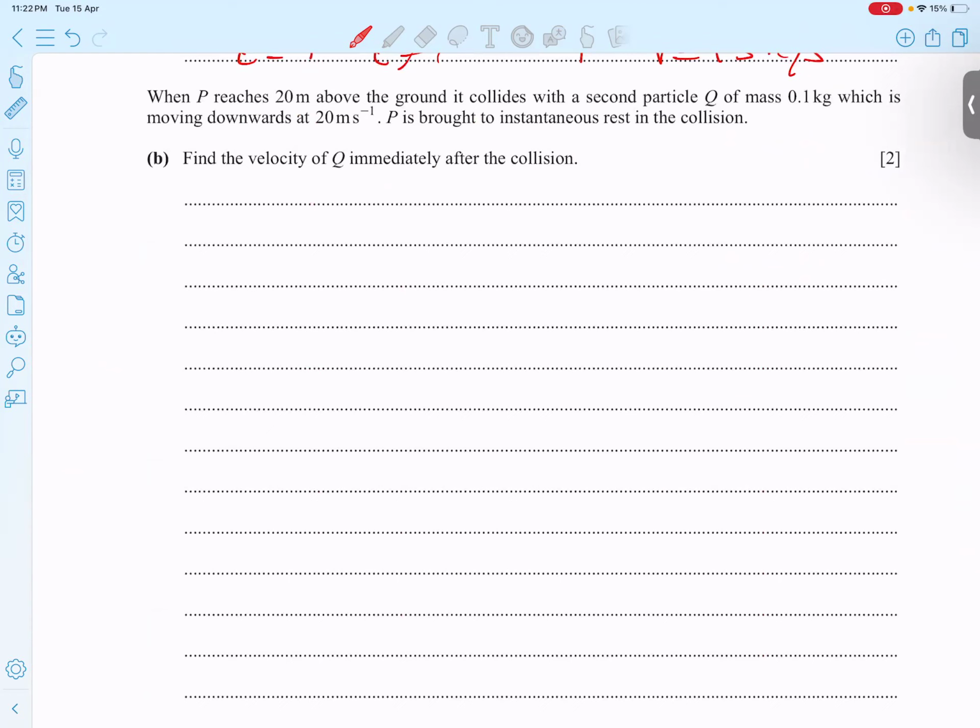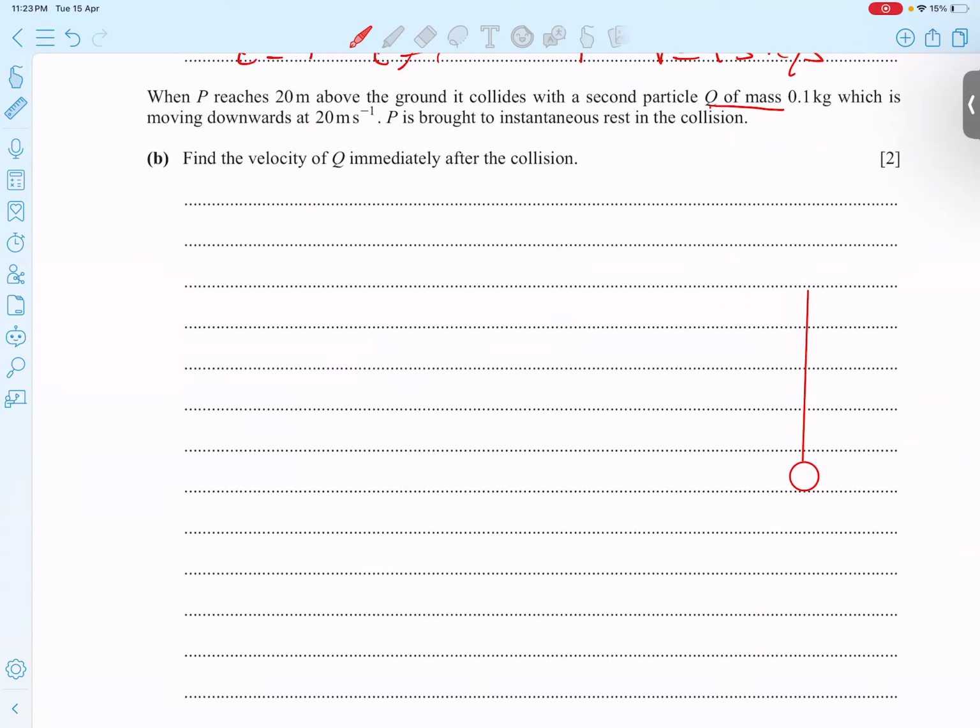When P reaches 20 meters above the ground, it collides with a second particle Q of mass 0.1, which is moving downwards with a speed of 20. So look, I show you when P is going upwards and it reaches its 20 meters height.